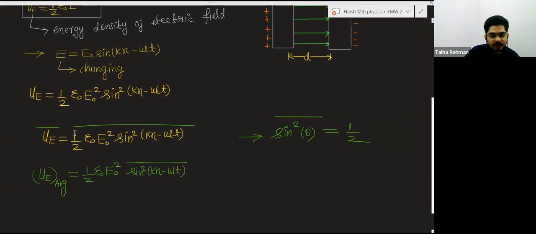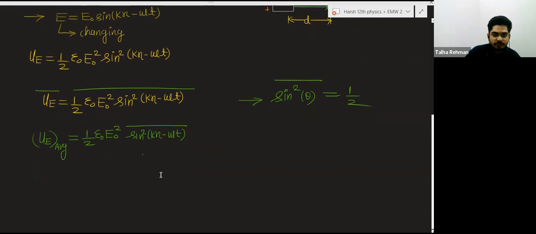Why have I taken this value out of the bar? Because it is a constant value, and for a constant value the average is the same. The average of sine square of any angle for a full cycle is half. So the average energy density is half into epsilon naught into E naught square, and again into 1 by 2.